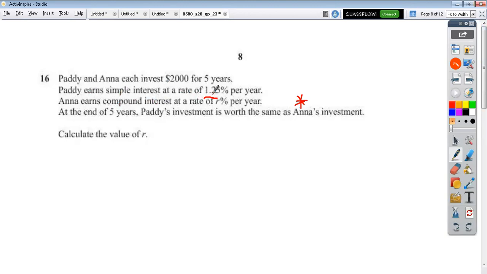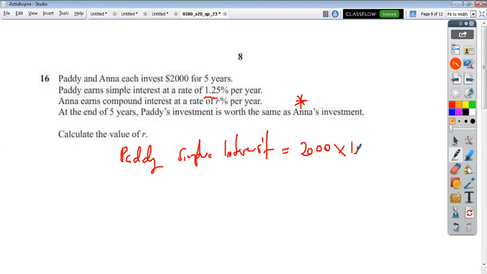Okay, now let's calculate the simple interest. The simple interest is the one where we have everything. So for Paddy here, simple interest is equal to what? We know that 2,000 multiplied by the rate, 1.25, multiplied by the number of years, 5, divided by 100. What is that? 125.